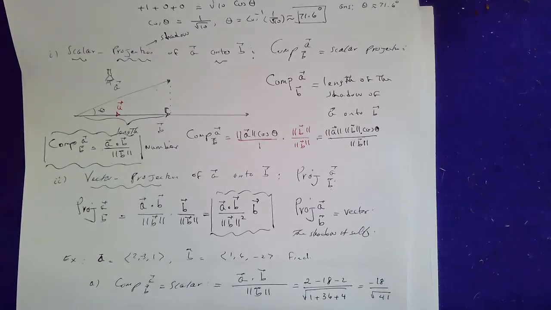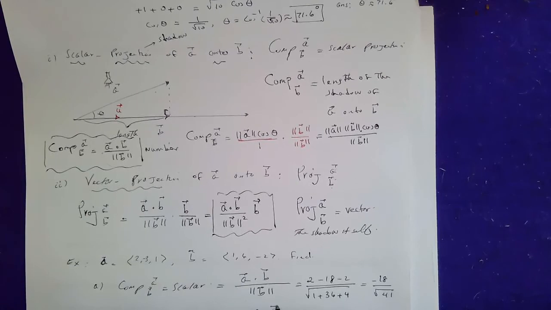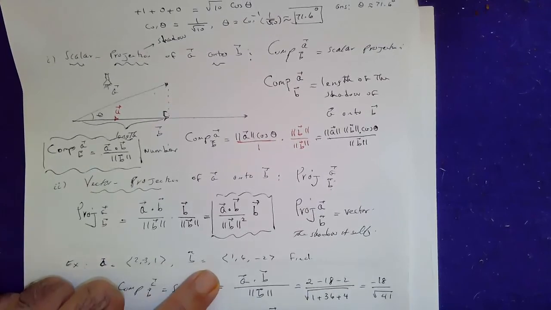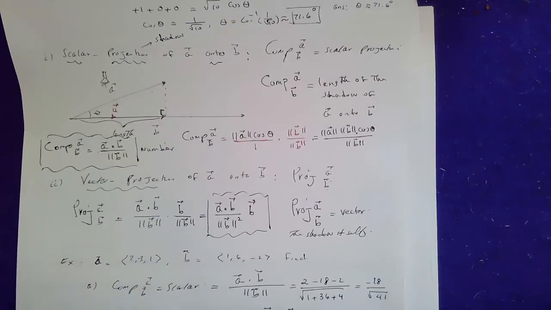To change that to vector notation, what we do is take A dot B over the magnitude of B, and then multiply it by a unit vector along B. That would be B divided by its magnitude, so the magnitude will be squared.